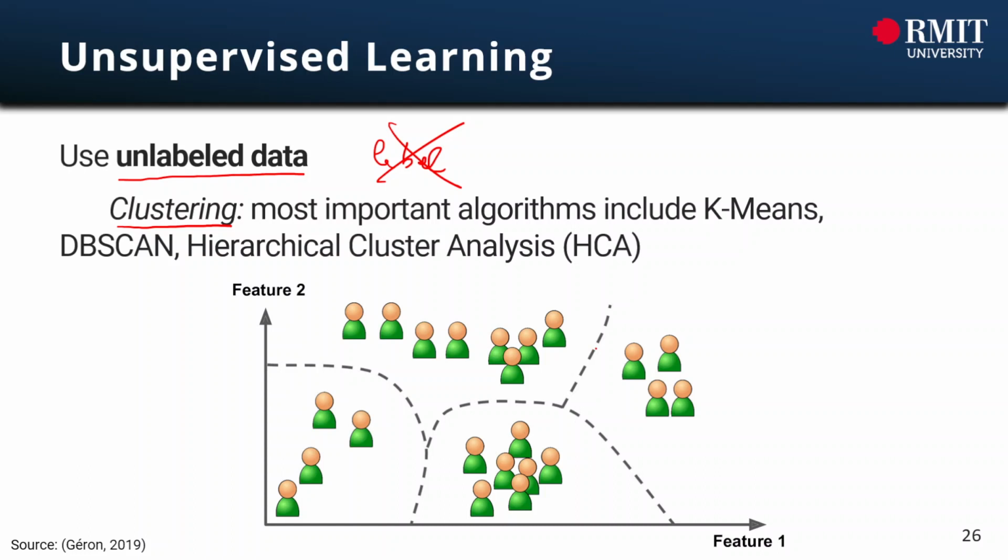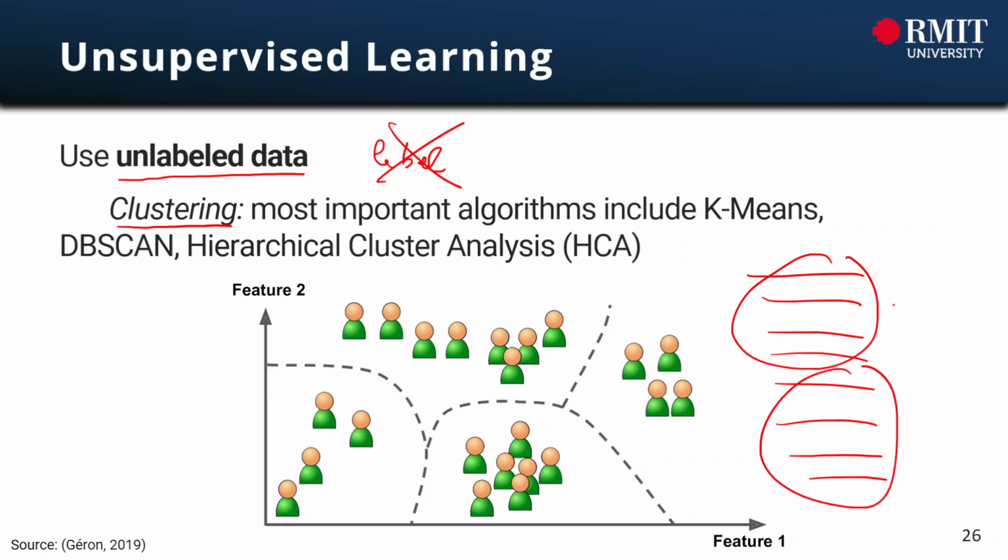Let's say a bank gives you many transaction records of their customers, and they ask you to group similar customers into one group. Let's say group number one and group number two. Group number one is the saving group.